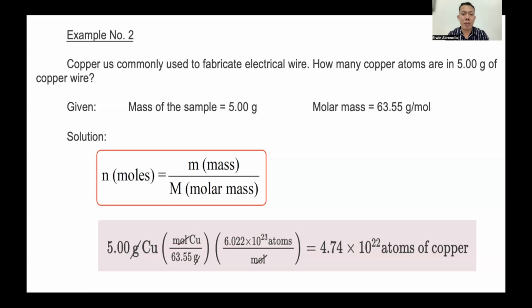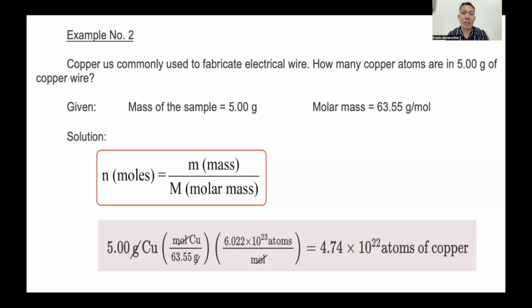Same thing. However, we are looking for the number of atoms, unlike a while ago in example number 1, where we were looking for the number of mole. In the number of mole, it is solved as is. No need to multiply that by Avogadro's number. However, in example number 2, we are looking for the number of atoms, so the formula is a bit different.